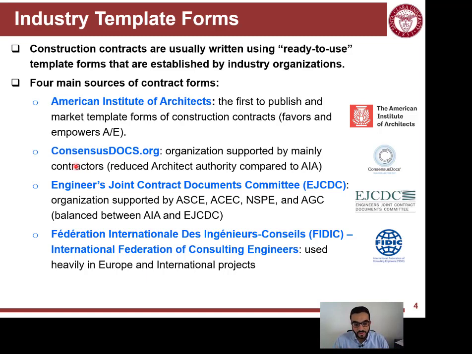For international projects, there is the FIDIC organization that publishes contracts for international projects.